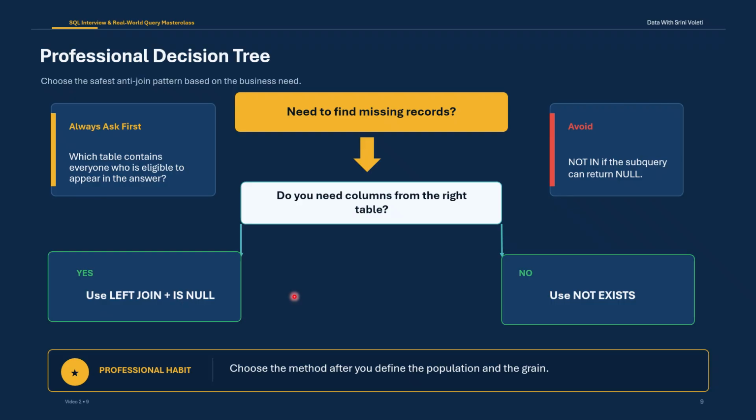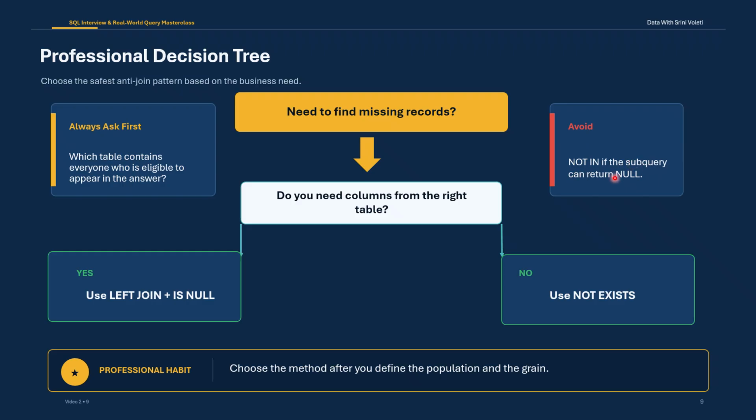Let us close with four takeaways. First, define the population. Start from the table containing everyone eligible to appear in the answer. Second, say the grain out loud. One row in the result should represent one member, one provider, one customer, or any other business entity.